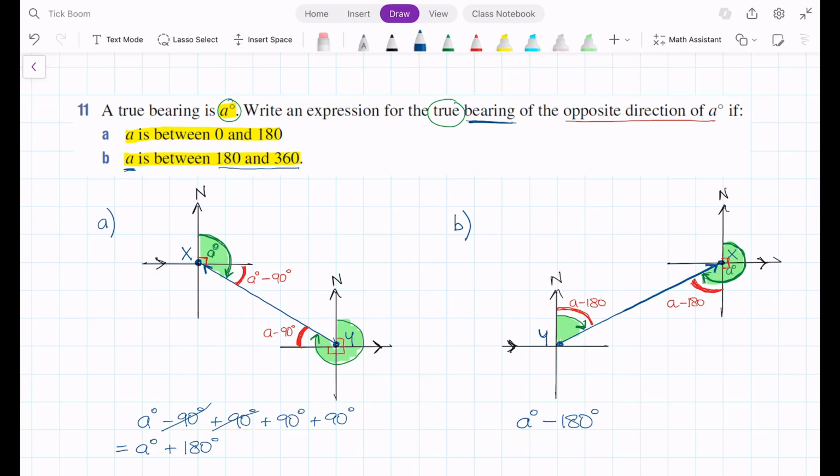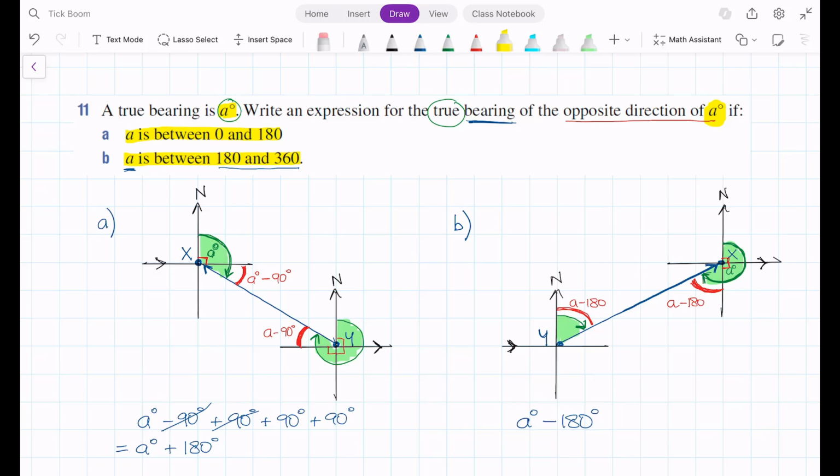And so hopefully once you practice them enough and get comfortable with the new elements of the language, they're within your grasp and they're not too difficult to tackle. This question in particular I think is quite a tricky one for someone new to bearings simply because we don't have a value for A degrees. We have to tackle this in purely generic terms, and it can be quite hard to know where to begin.